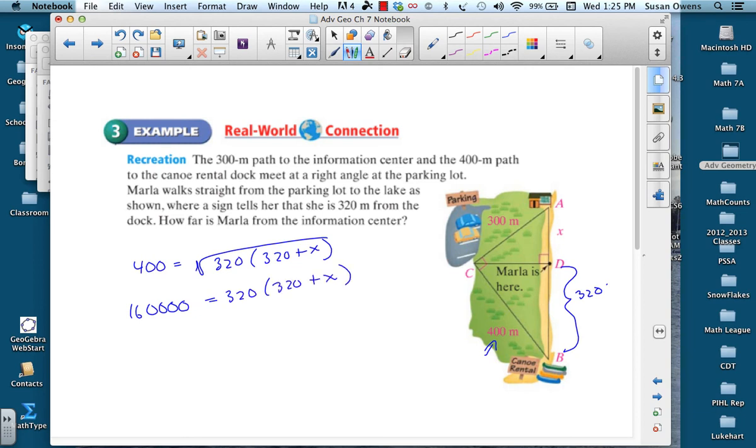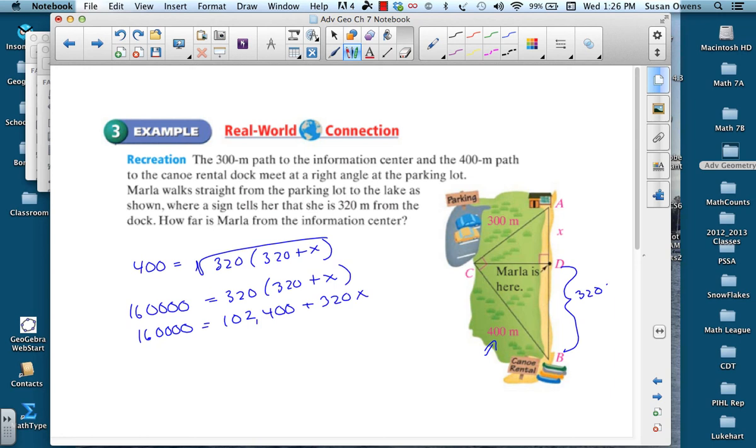And now I need to distribute. So let me do 320 times 320. And that's 102,400. Don't forget to distribute to the x, so that'll be 320x.